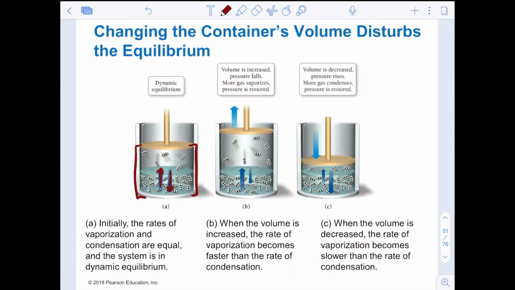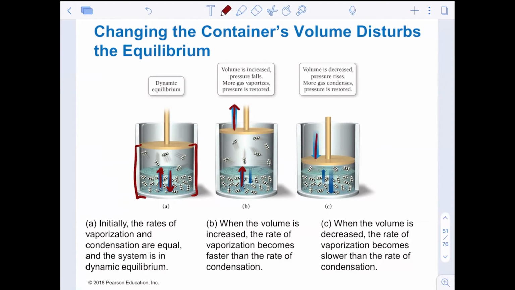If we were to increase the volume, right, more evaporation would take place, more vaporization, because we are trying to restore the vapor pressure. If we increase the volume, we've given the vapor more room to spread out, and so the vapor pressure decreases. But the rate of vaporization then would increase so that we can establish vapor pressure again.